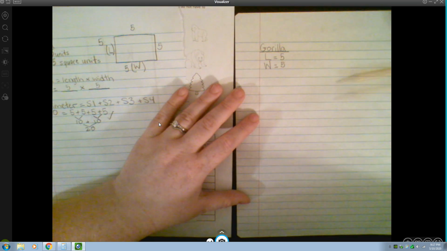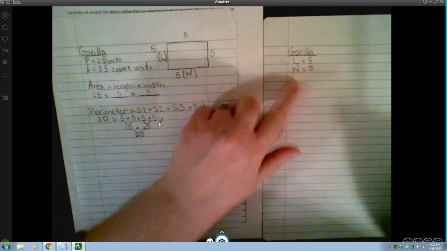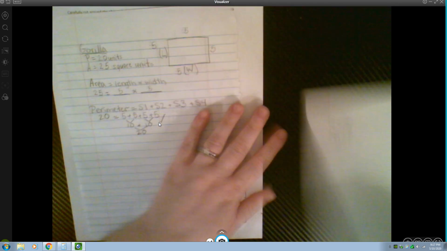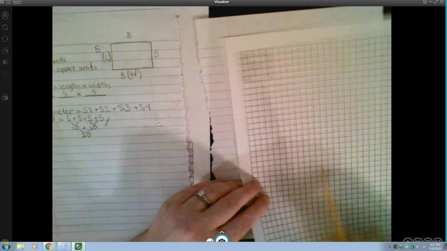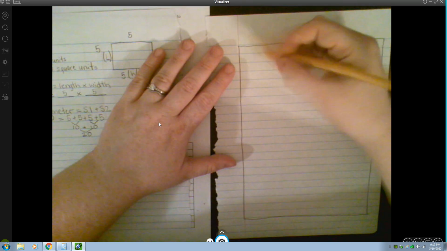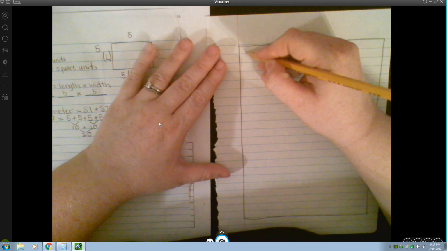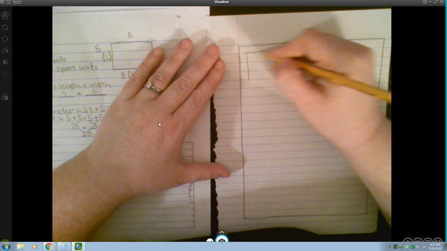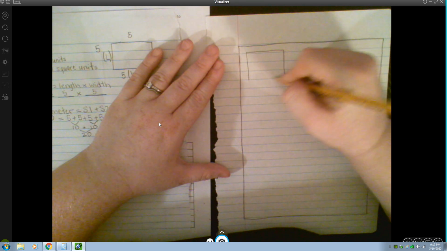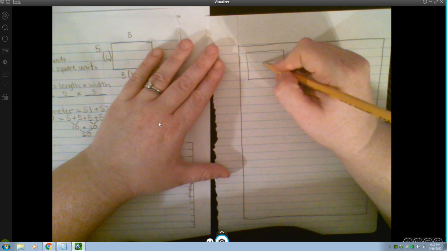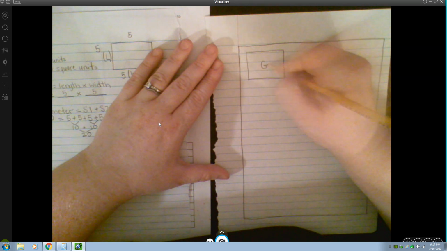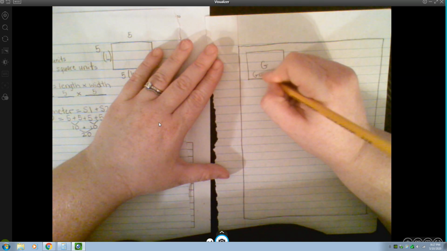So that's going to show me, in addition to your work, that that's what your exhibit's going to look like. So then instead of measuring out like on the graph paper, I'm just going to draw a square in here. And then write G, or I could write gorilla there.